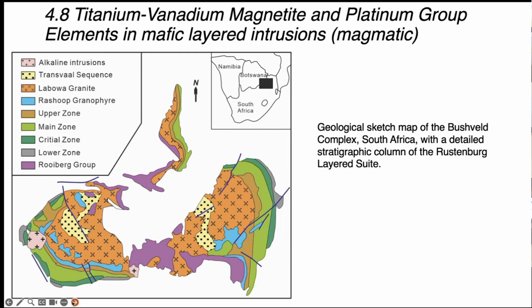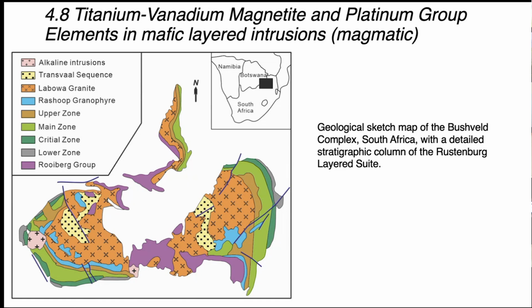So we're looking at a geologic map. We don't have a scale bar here, but it is worthwhile to compare the size of the Bushveld. It's about the same size as the U.S. state of West Virginia. So it is huge.